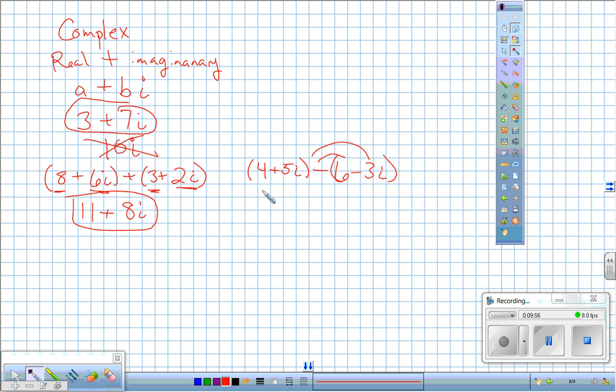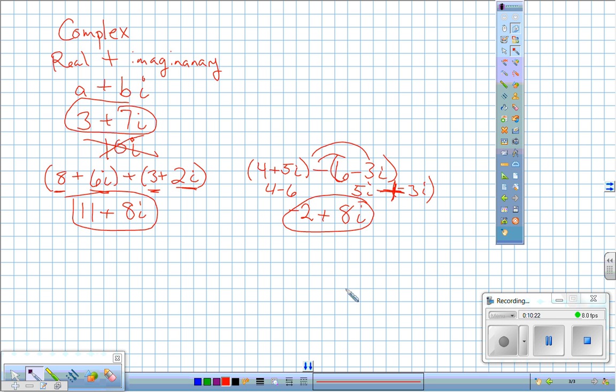So I will subtract my real numbers, so I'll have 4 minus 6, and then I will have 5i minus negative 3i. So 4 minus 6 is negative 2. 5i minus negative 3i will become a plus, and that will give me a positive 8i. So this is how that one would subtract.